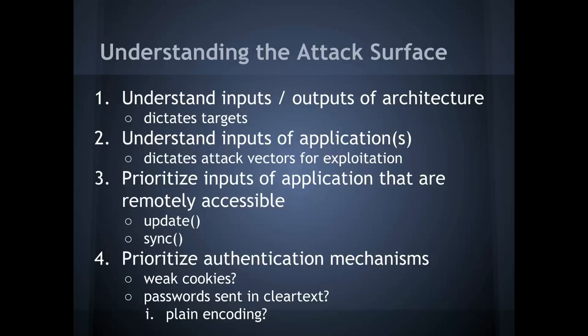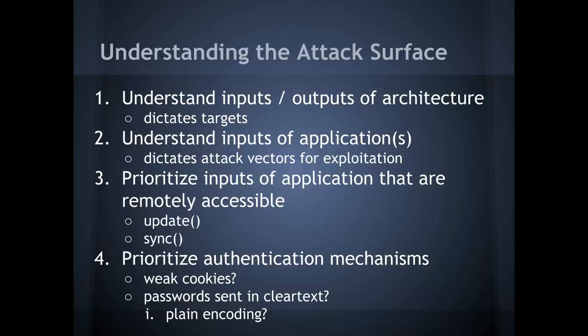Really, the art of understanding the attack surface breaks down into four steps. You have to understand the inputs and outputs of the architecture, and you have to understand the inputs of the application itself, because those dictate the attack vectors, usually for exploitation of that application itself.